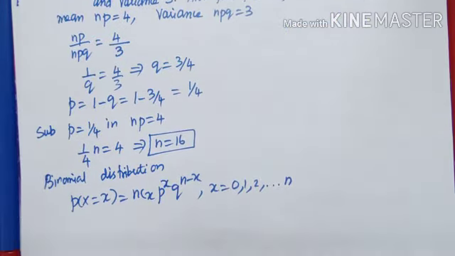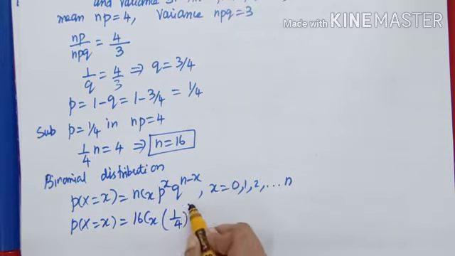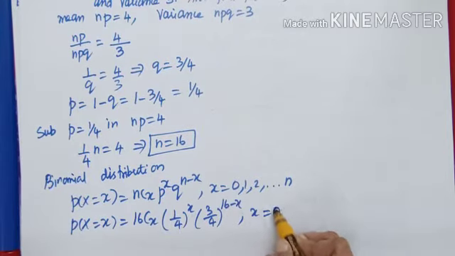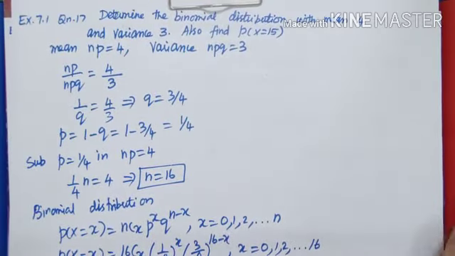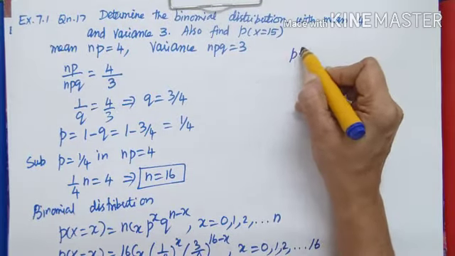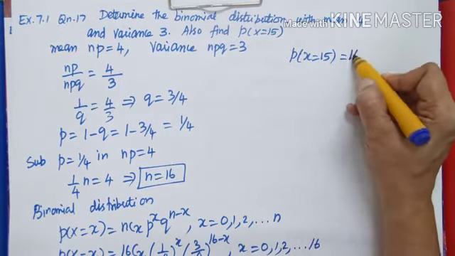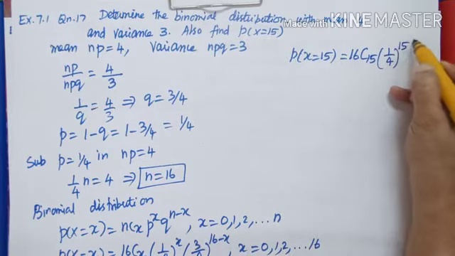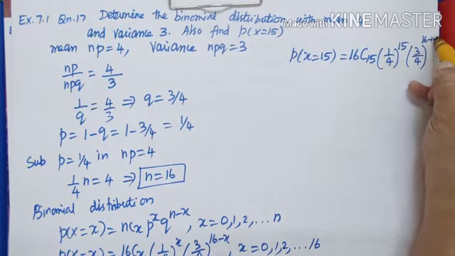As I substitute, P of X equals x is 16Cx, 1 by 4 power x, 3 by 4 power 16 minus x. x is from 0, 1 up to 16. My question is to find P of X equals 15. Substitute in this equation: 16C15, 1 by 4 power 15, 3 by 4 power 16 minus 15.